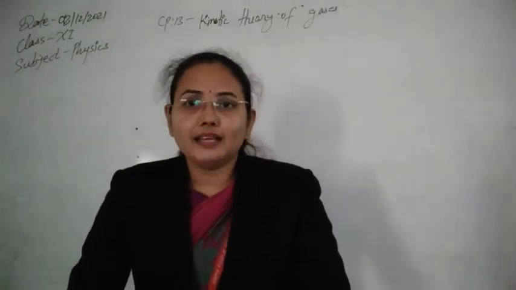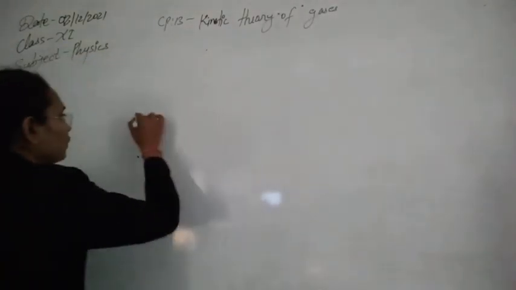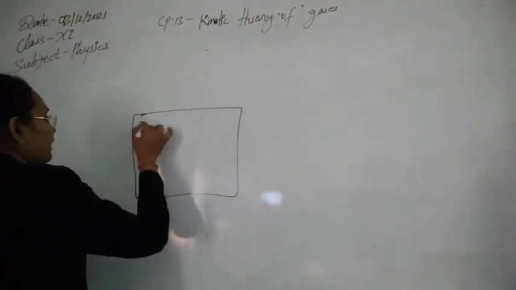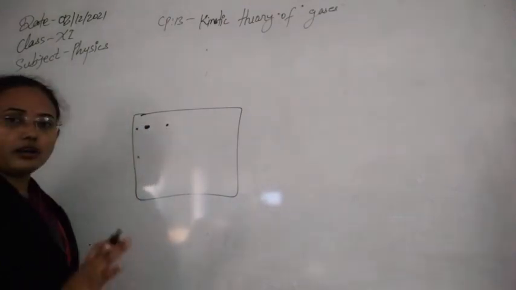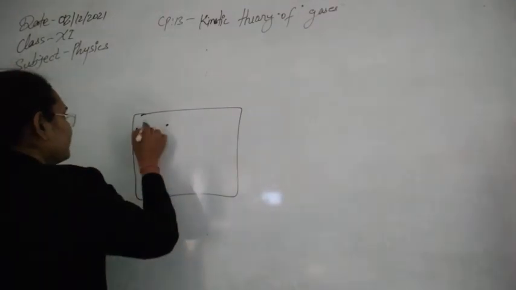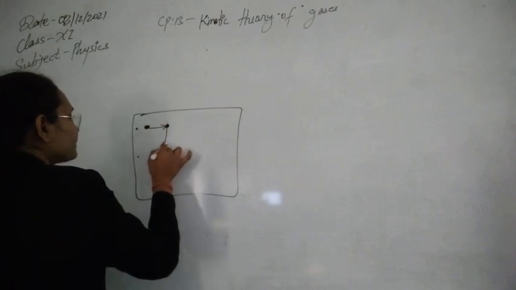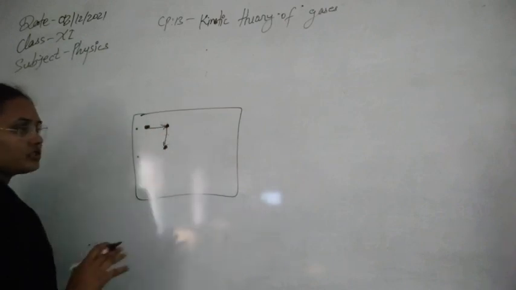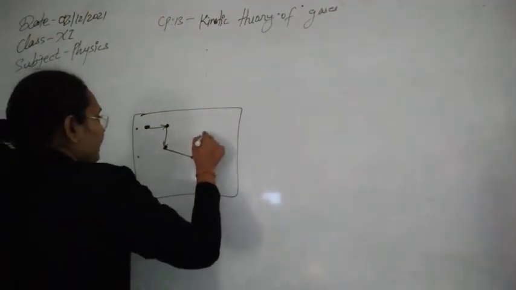Why do they possess Brownian motion? Because whenever they are enclosed in any cylinder or vessel, these molecules are in motion, not at rest, according to kinetic theory. Whenever they collide with another, they change their direction and also their velocities. So continuously they follow zigzag motion.